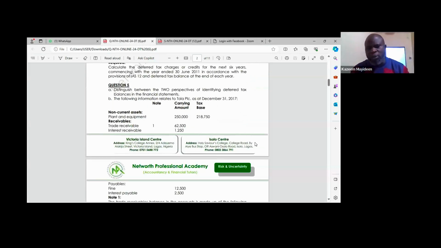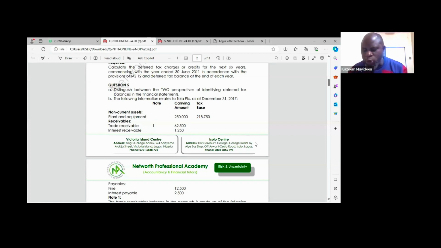Now, this is between the 2 perspectives of identifying deferred tax balance in the financial statement. It's only 2 ways we can determine deferred tax. Two methods. Some say perspective, some say approaches, some say method. We have only two methods. The first one is the income statement method. The second one is the liability method. The income statement method makes use of items in the statement of profit or loss. That's why some people refer to it as the income approach method.